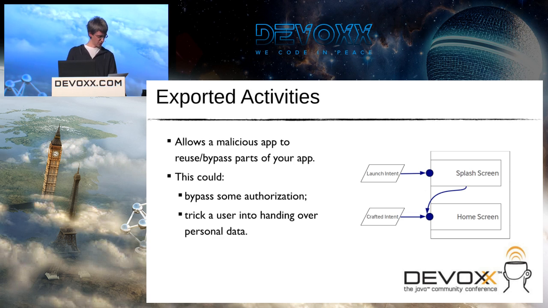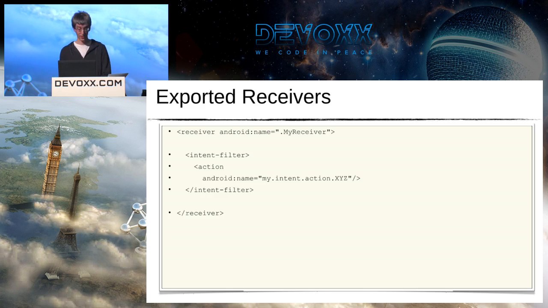So what I can do is come back to my command that allows me to launch an activity and maybe invoke the home screen directly. Whoops. And what do you know? I've bypassed the splash screen. As I said, I wouldn't consider this a security vulnerability because it's not allowed me access to anything I shouldn't have anyway, but we have seen examples of applications where that is the case, and you can jump through some login.